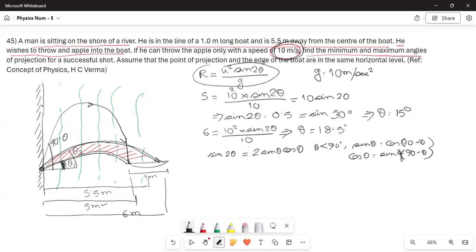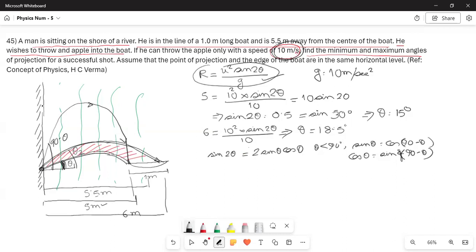Like cos 30 equal to sine 60 and sine 30 equal to cos 60. That is why the range remains the same when the angle of projection is theta or 90 minus theta.